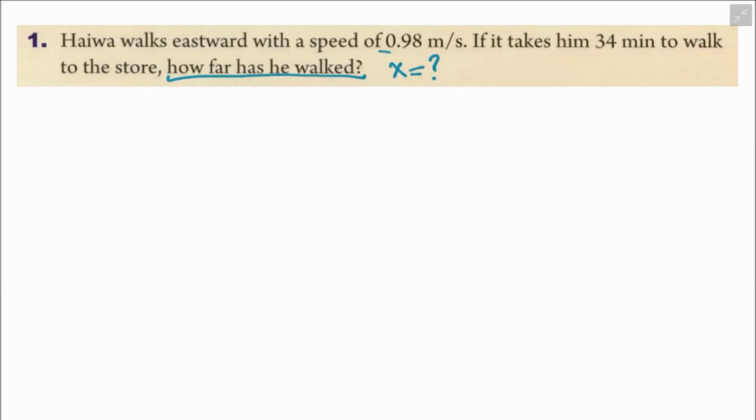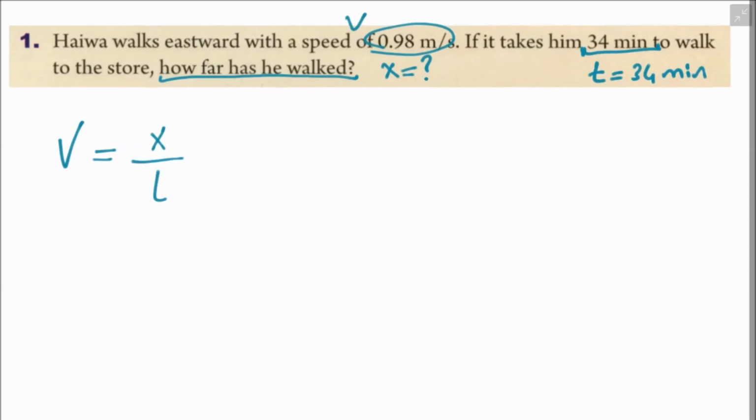In the question we are given speed, which is v, and we have time, which is given as 34 minutes. The formula about this: v equals x over t. And here the question says calculate the x. So due to the formula, x equals v times t.